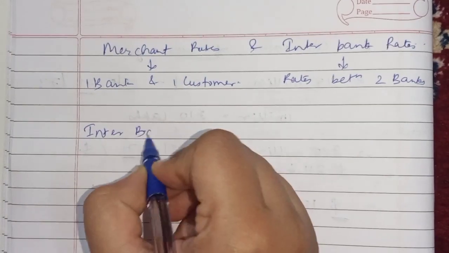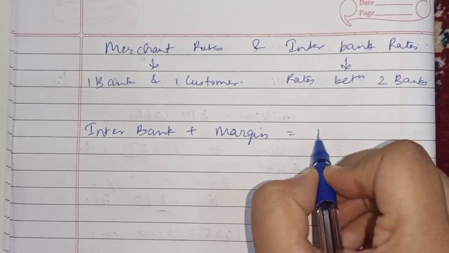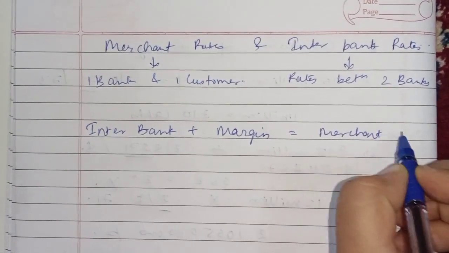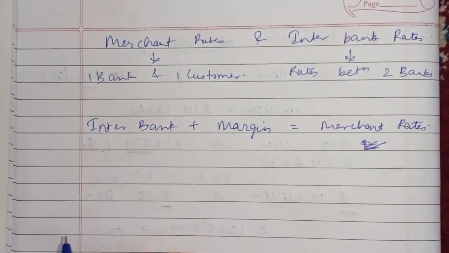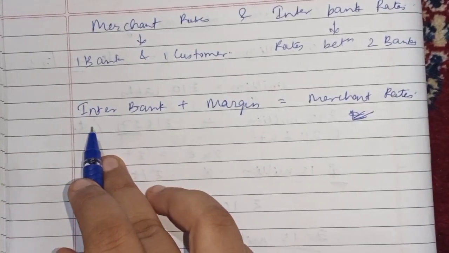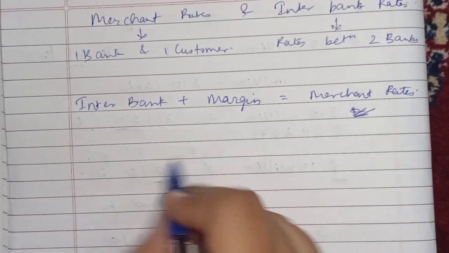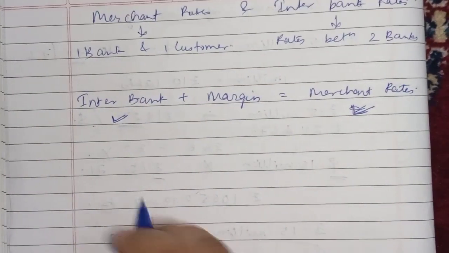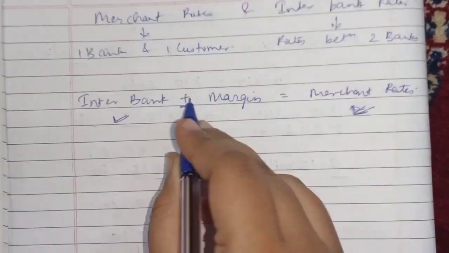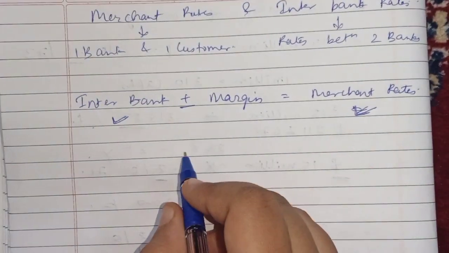The difference between these two is that interbank rates plus margin will give you the merchant rates. So what is the relevance of these two? When any question is given by ICA, the rates which we have been given are the interbank rates. To this rate we have to either add or deduct the margin, and then we will get the merchant bank rates.